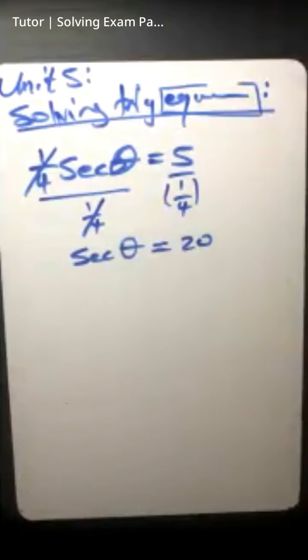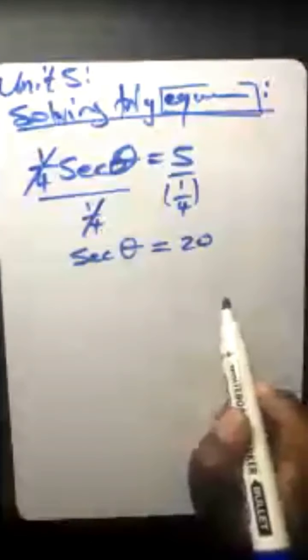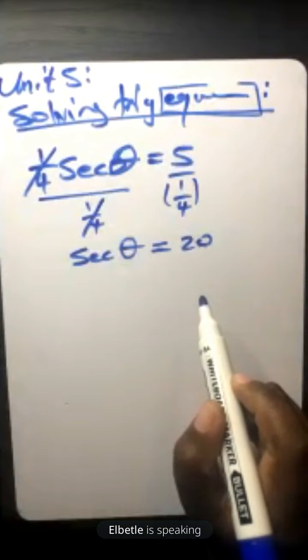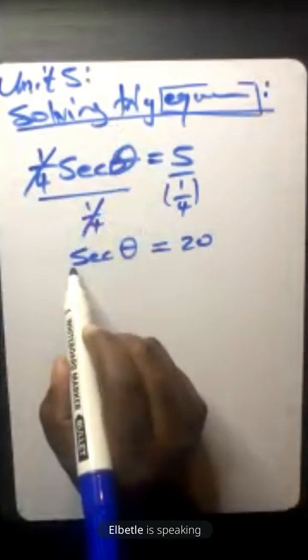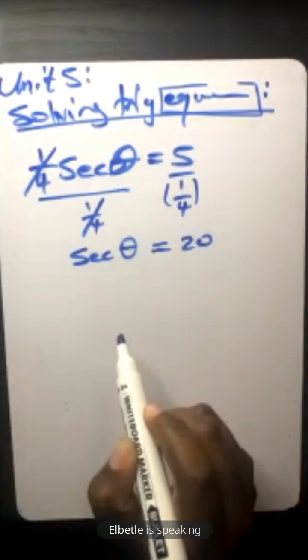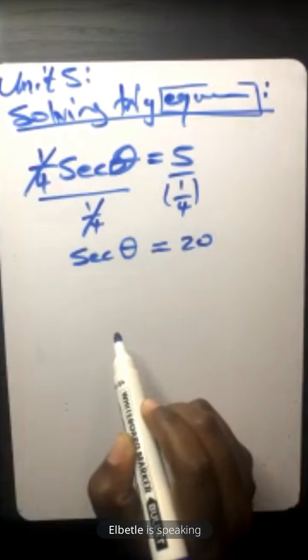What is its normal form? Sec is cos, so you want the trig ratio. Cos is adjacent over hypotenuse, but sec is going to be hypotenuse over adjacent.